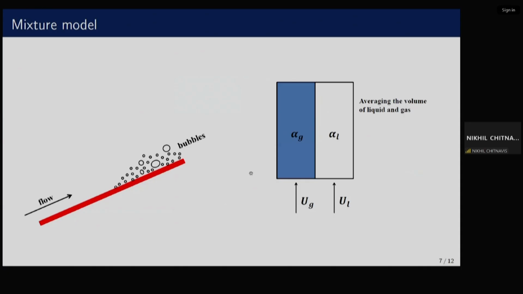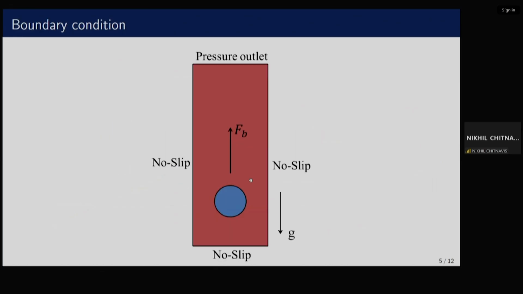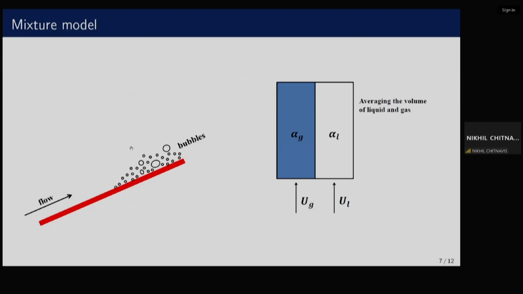That means we will not be able to capture a single phase or its interface, but we will see some bulk effect, like flow through a pipe where air and water are both flowing. We'll see that in some region air is flowing and in some region water is flowing.